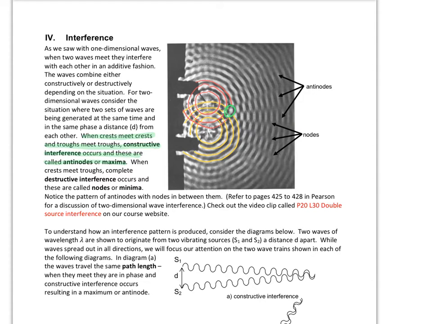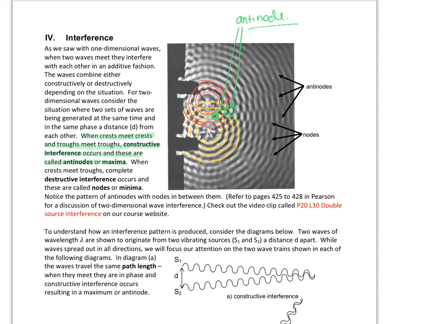So we have that here where a crest meets a crest, but we also get this where a trough meets a trough. Okay, so in between here, our very darkest spot will also be considered a node. Sorry, an antinode. It's harder to see, I think, out here.